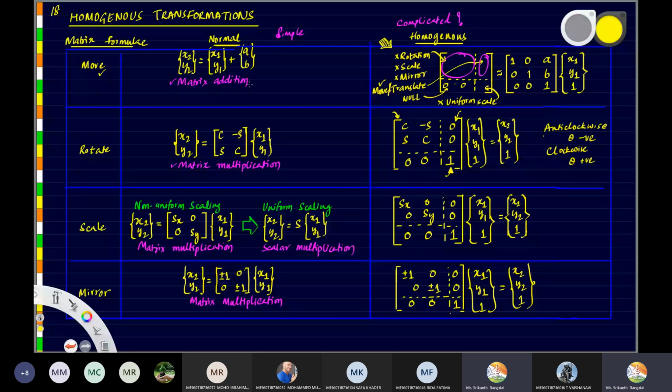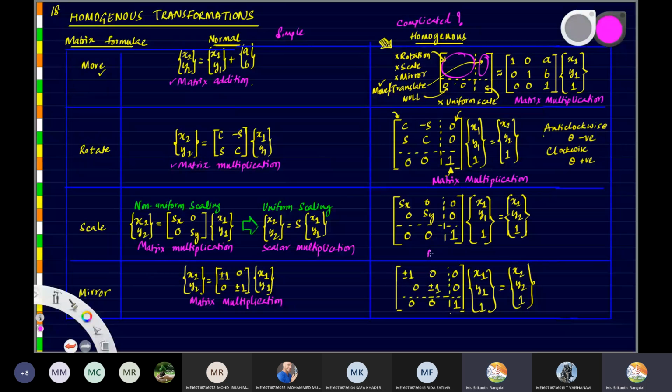Here we are doing matrix addition. What are we doing here on the right side in the homogeneous method? Matrix multiplication, no? What are we doing here in rotate? Come on, tell me.